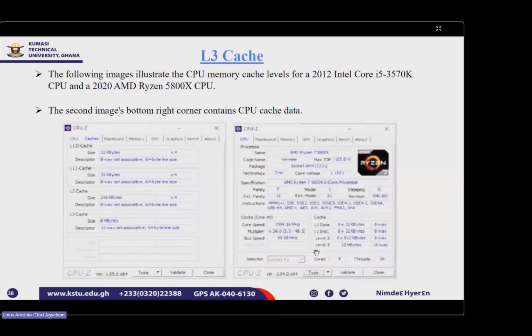And then the L3 has 32 megabytes, 16-way. So you would realize how big the L3 cache is, but slower in speed.